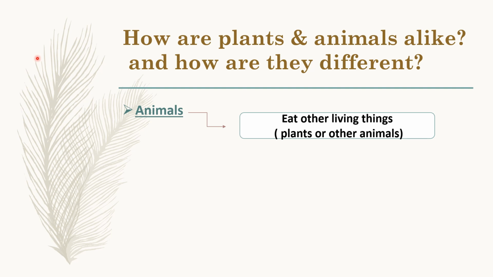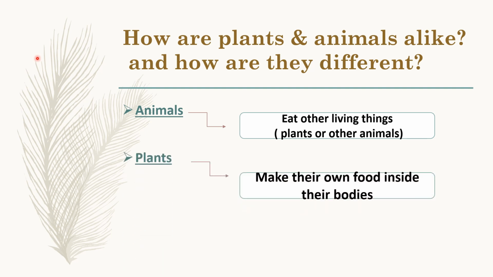But plants make their own food. How do they make their own food? They make their own food inside their bodies, not from the outside, not eating other living things. But animals eat other living things, eat animals and eat other plants.